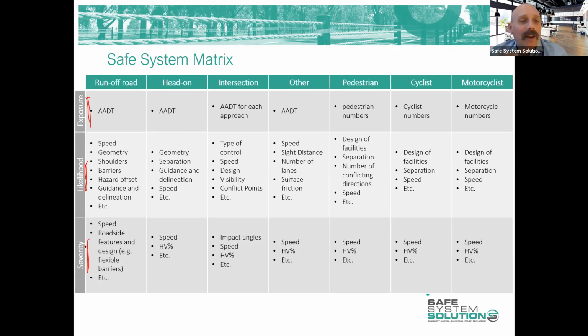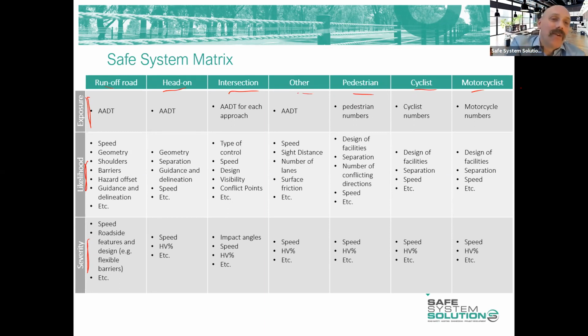That's why we've been banging on about it, because they're the 3 critical things of this safe system assessment. On the top, you see the crash types: run-off road, head-on, intersection, other, pedestrian side. So your job is to put a score in each cell of this matrix, and the scores range between a 0 and a 4.